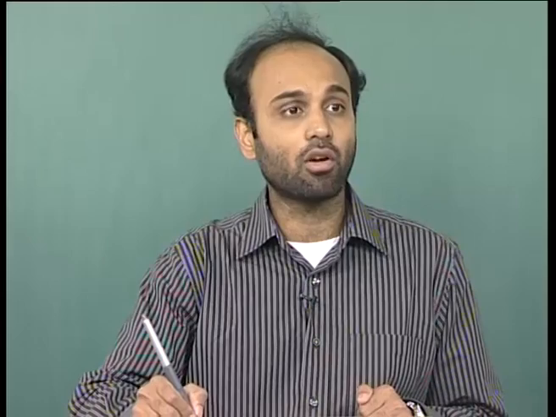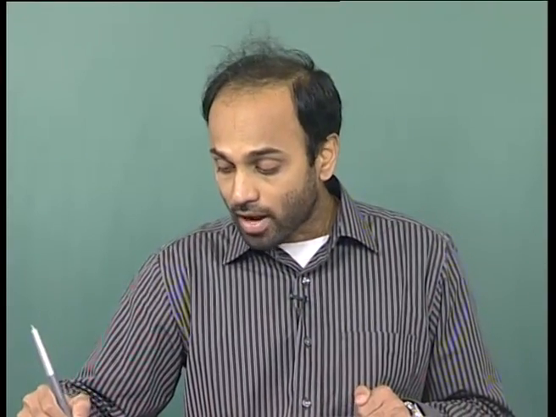We said the deep fade occurs when A is less than 1 over square root of SNR. We also said that the probability of the deep fade event is simply the probability that A is less than 1 over square root of SNR. Now, using the Rayleigh probability density function of A, we have computed that probability.